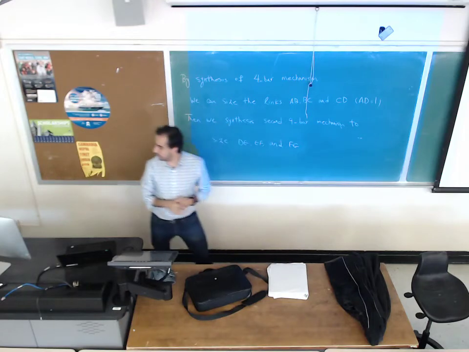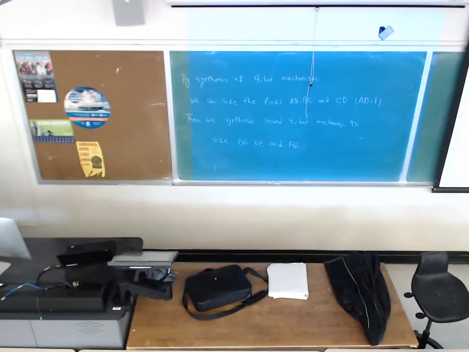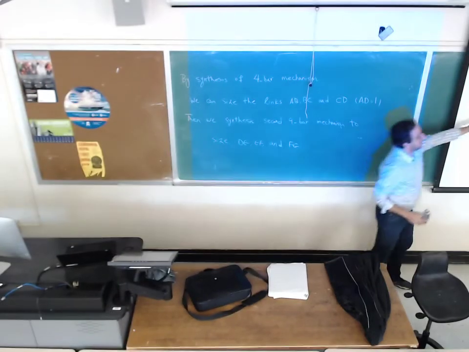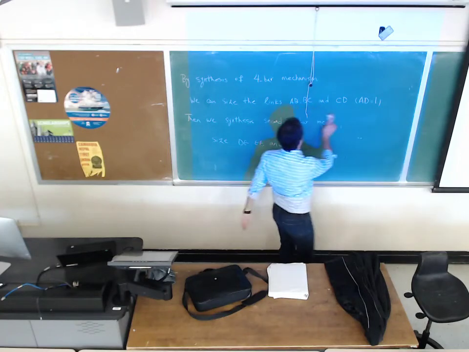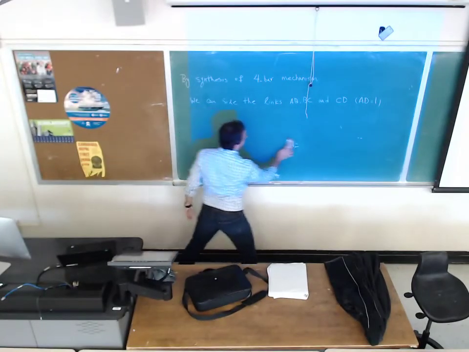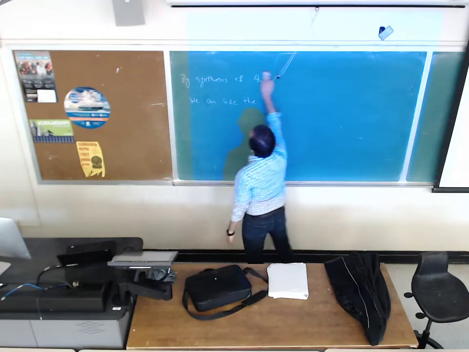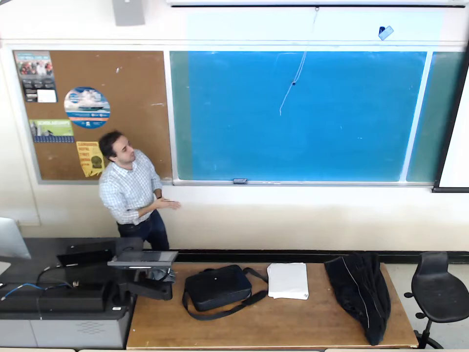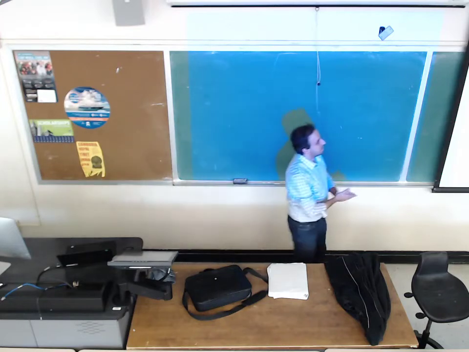But what if we are given more than 7 precision points, for example, 8 precision points or more? It means we cannot design a 4-bar mechanism such that it goes over 8 or 9 precision points. But we still want to design a mechanism to generate that. So what we can do is design a mechanism such that it's going to minimize the error.